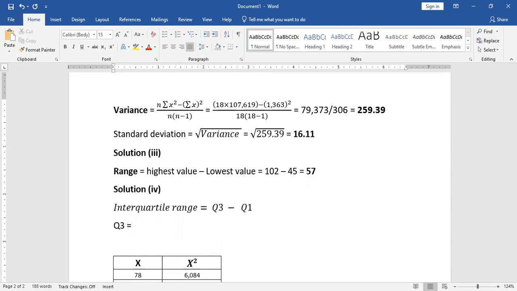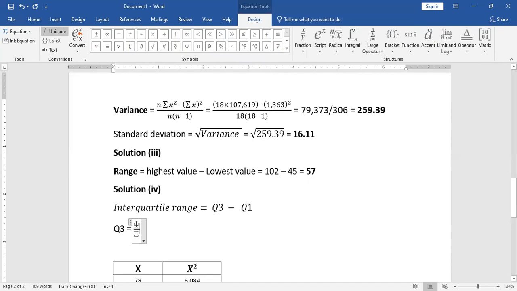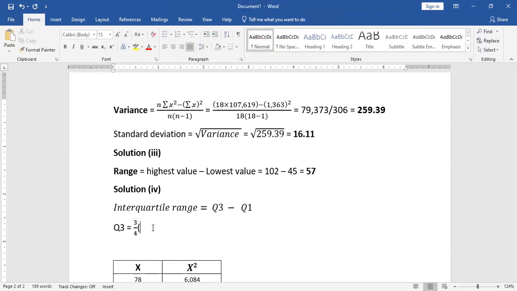Quartile 3 is placed at a position where we say 3 divided by 4, multiplied by n plus 1.